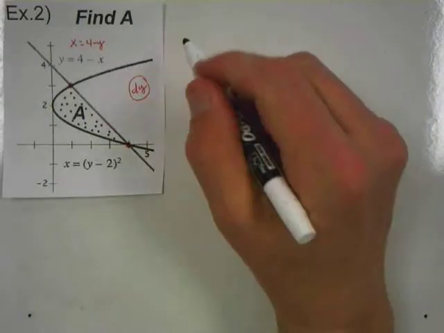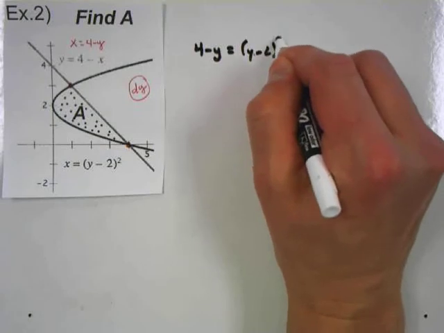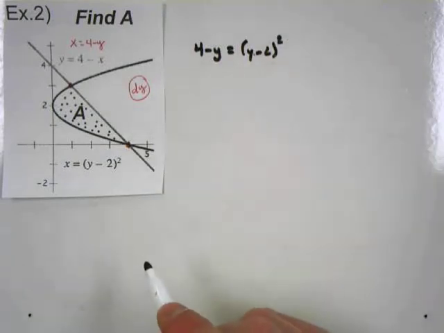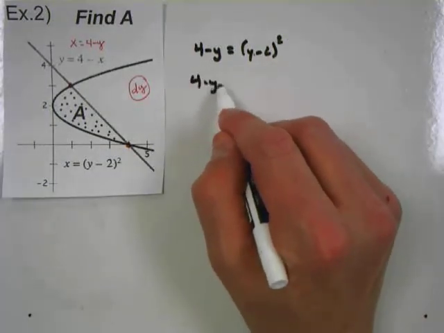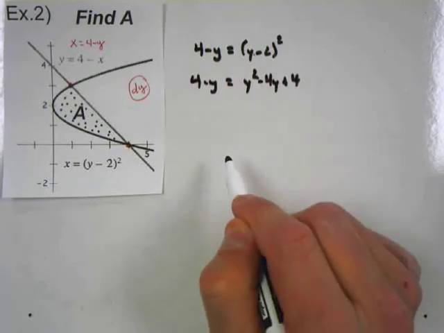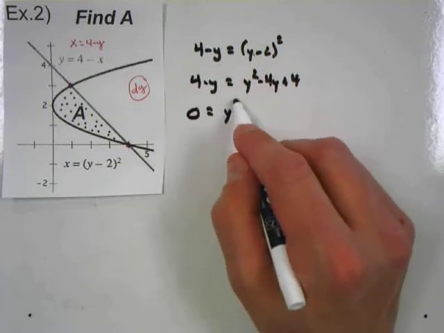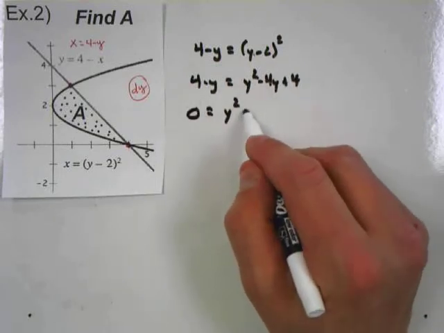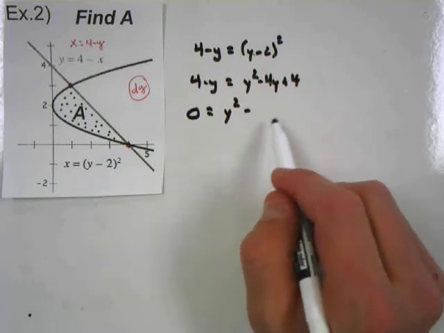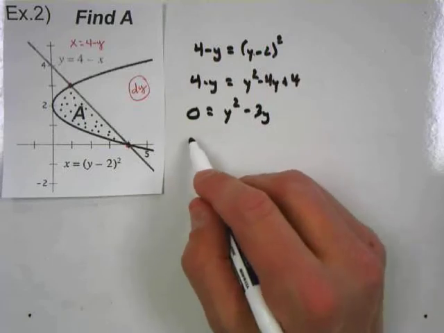We get 4 minus y equal to y minus 2 squared. Expanding gives me y squared minus 4y plus 4. When I create a quadratic, I get 0 equals y squared, that y goes over and becomes negative 3y, the 4 goes over and gives me 0.